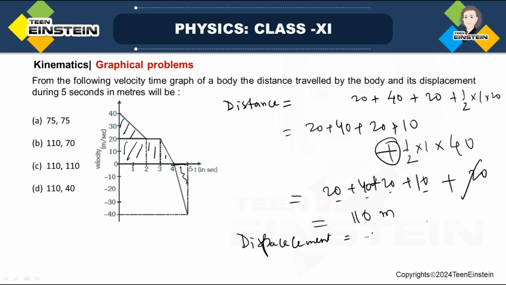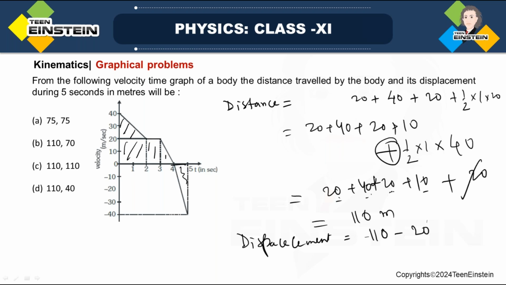So displacement will be, so this 2 will be subtracted from the 2. I think I'm doing some mistake somewhere. Let me check where is the mistake.